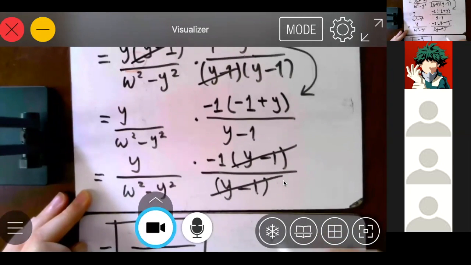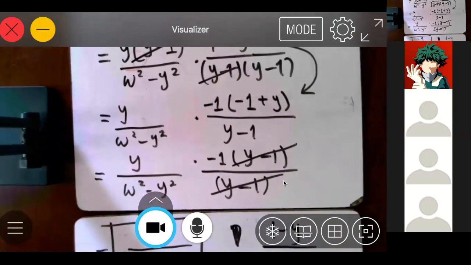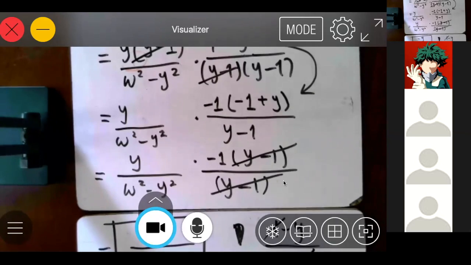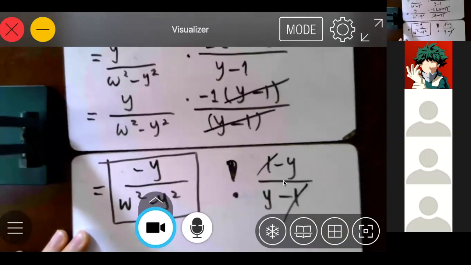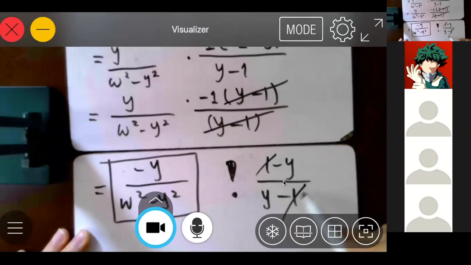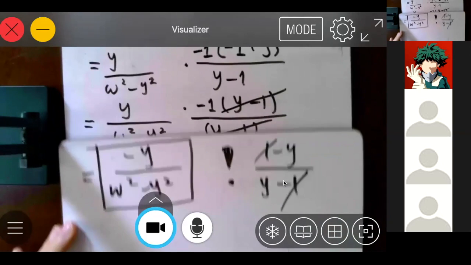And some people even did this. 1 minus y minus 1. Some people even canceled out 1 and 1 separately in your fraction, but this is not legal.